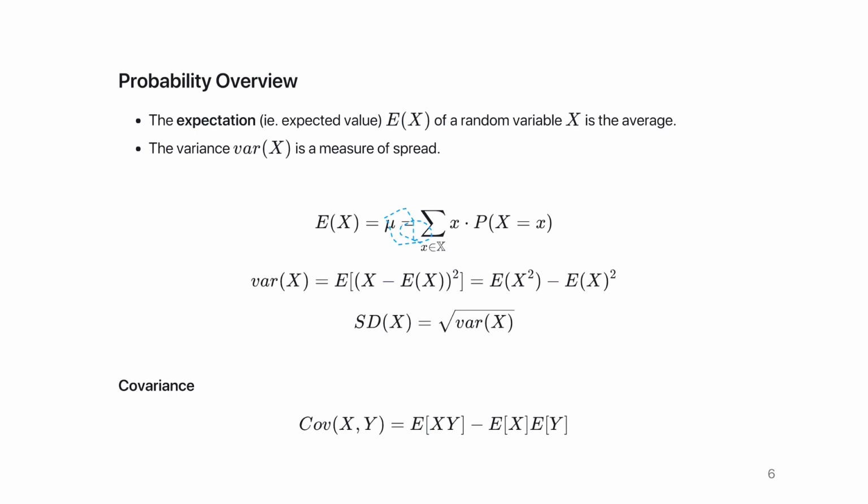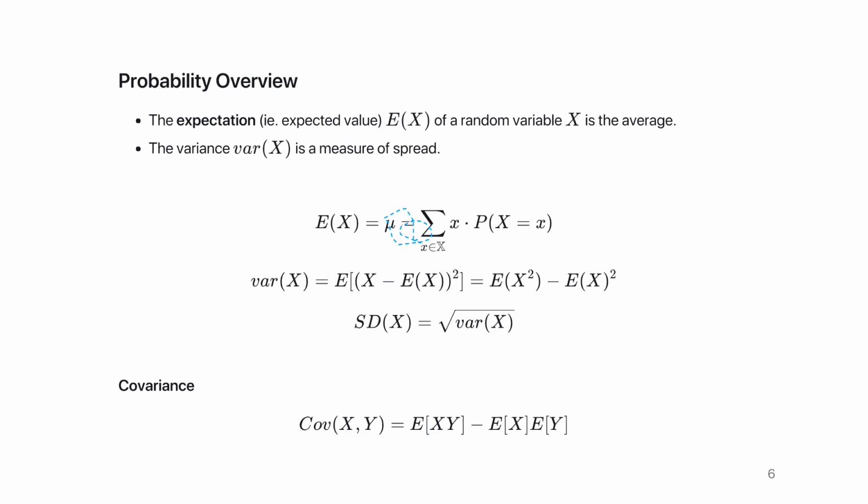So the variance is the expectation of (X minus the expectation of X) squared, and then you can do a simple derivation using linearity of expectation. That's the same as the expectation of X squared minus the expectation of X, squared, where the squared is outside the expectation. And then the standard deviation is the square root of variance, and sometimes we like using standard deviation instead of variance because standard deviation is in the same units as the variable itself, while variance is in the units squared.